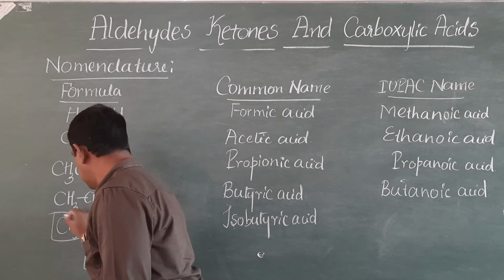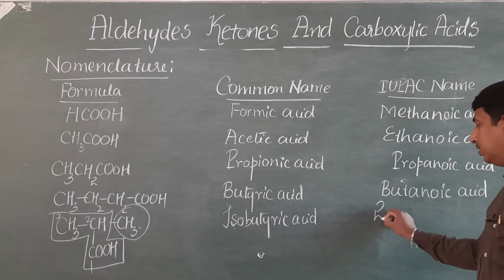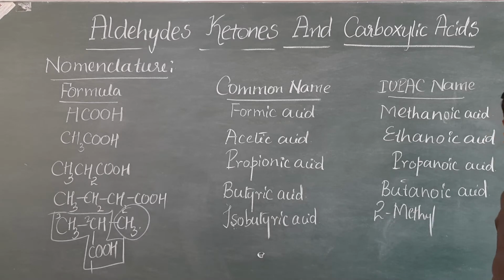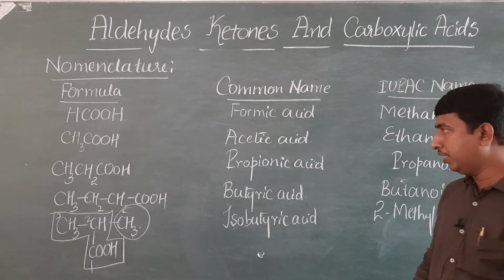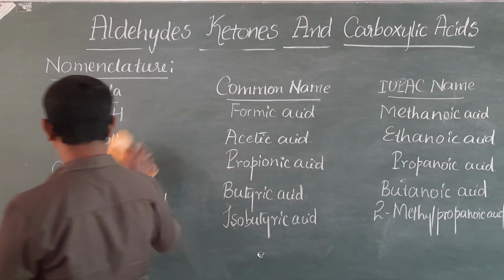The substituent group is present at carbon number 2, so it is named 2-methyl. Number of carbon atoms in the parent chain is 3. So it is 2-methyl propanoic acid, the IUPAC name. Common name is isobutyric acid.